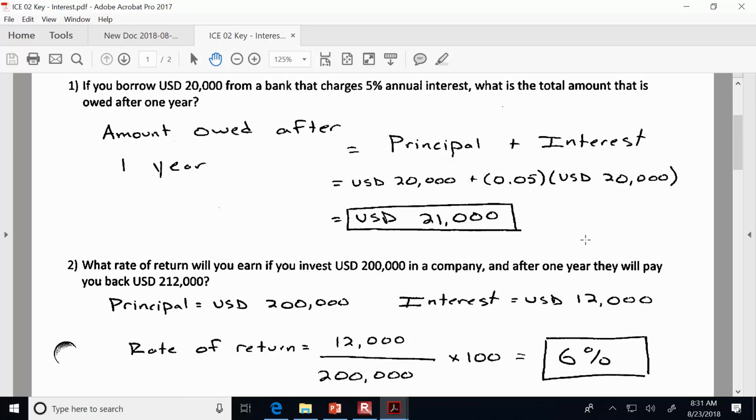That's using the formula we saw from the perspective of you being the borrower and the bank being the investor. But now in problem 2, since you are investing, we're calling it a rate of return. You put in 200,000 and they pay you back 212,000. Then the interest was the difference between the ending and the beginning. So 12,000 is the interest amount, and as a percentage, that's 6%.